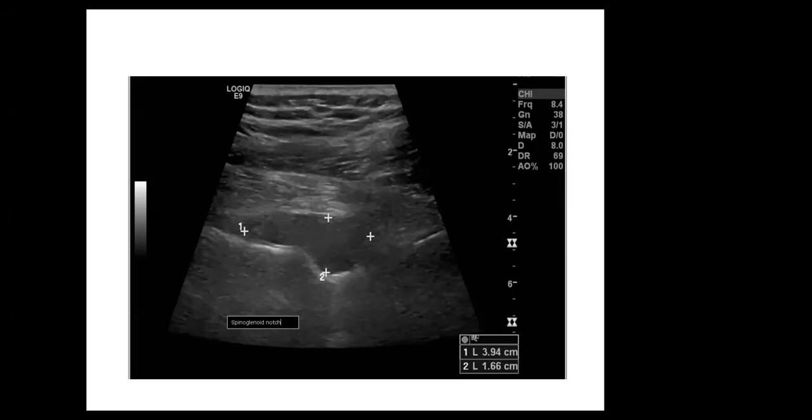I think we have a large cystic structure following the spinoglenoid notch, maybe presenting a paralabral cyst.